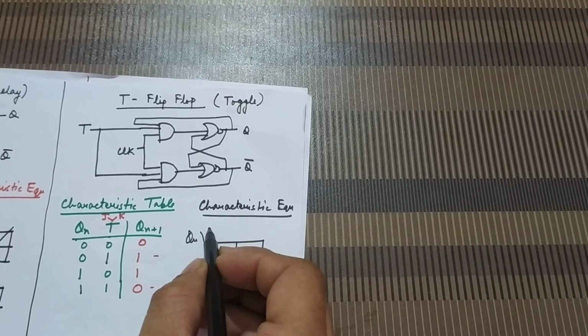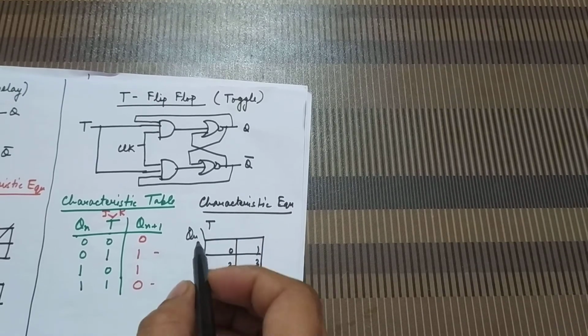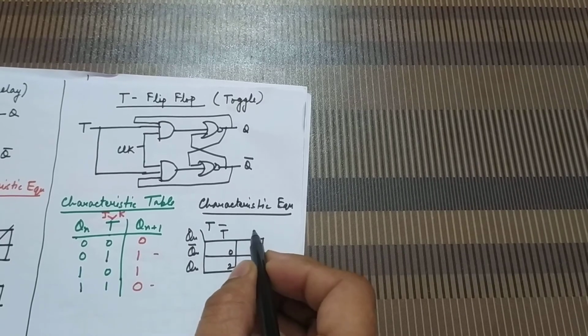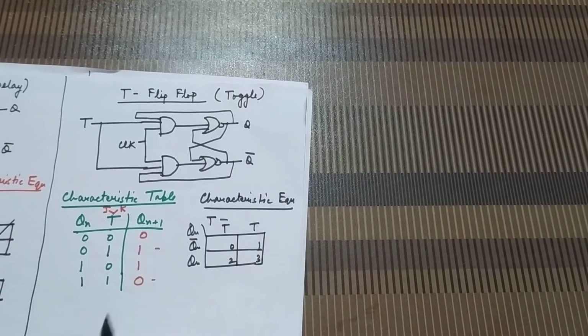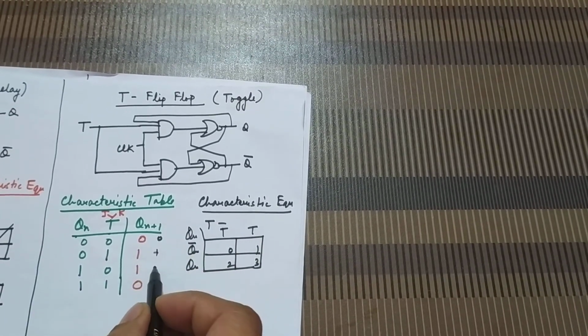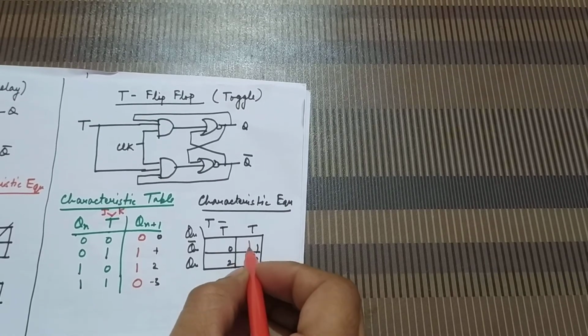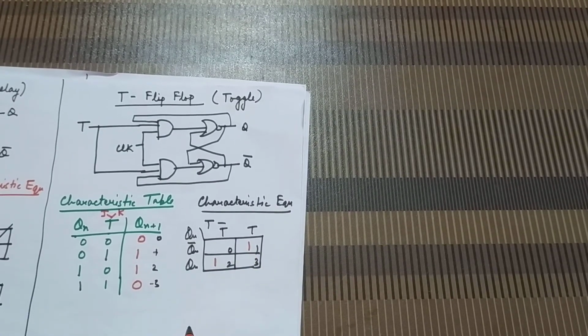Here the present state Qn and T, Qn bar, Qn, T bar, T, and we assign the numbers 0 1 2 3. At 1 and 2 we have 1.